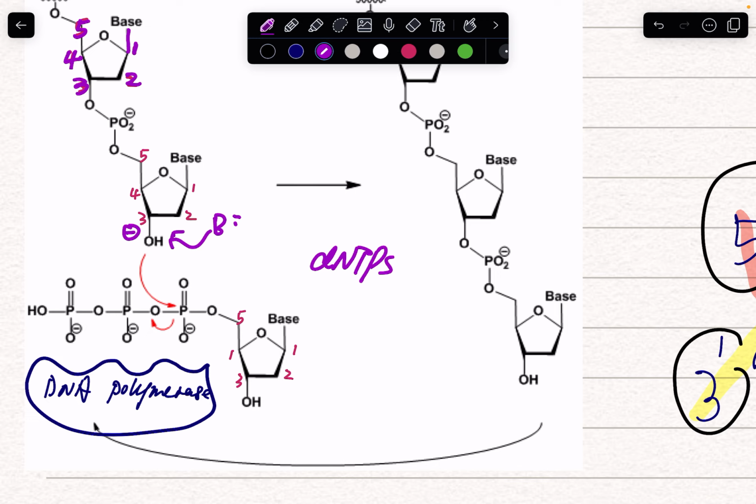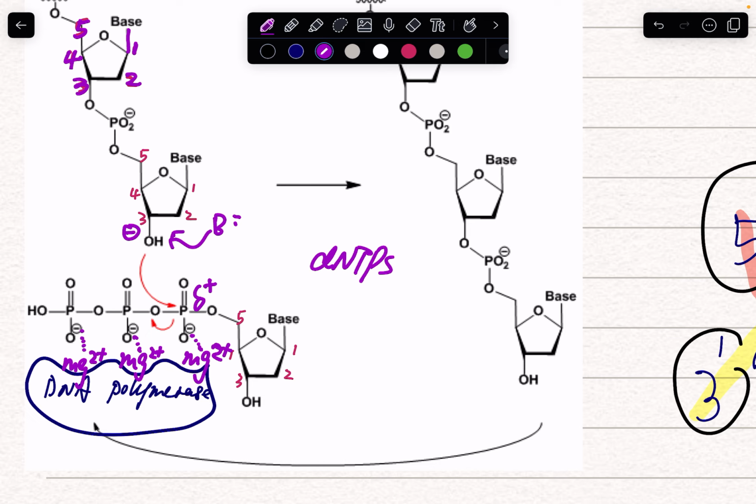But as the building material, they have 3 phosphates, and my phosphorus here, this P, is actually partial positive. Why? Because I have these negative oxygens bonded through what is called a coordinate covalent bond, meaning that only the oxygen is contributing the 2 electrons in the bond, instead of each atom contributing 1 electron, which is the normal covalent bond, right?